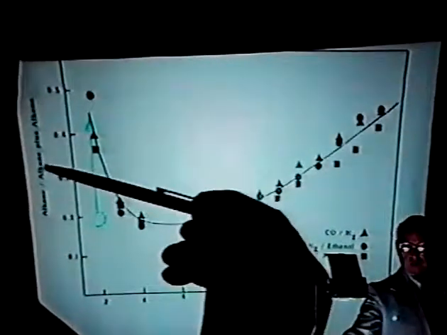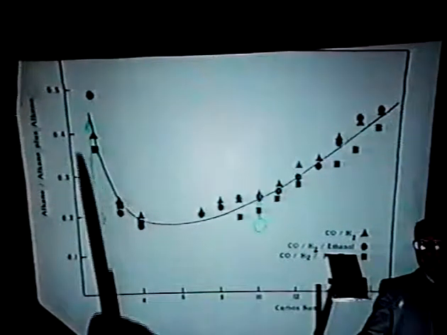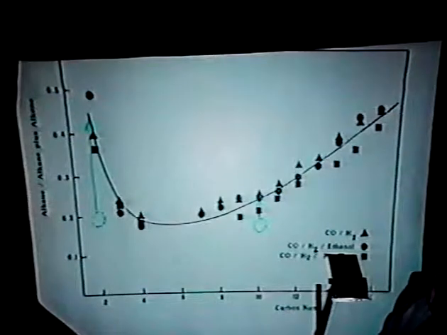And so if we look at the product distribution of alkene to alkane ratio, this is the fraction of alkene formed, alkene divided by the alkene plus alkane, per carbon number. If you look at C2, a high fraction of that is alkane.